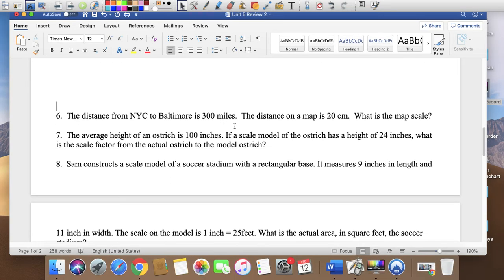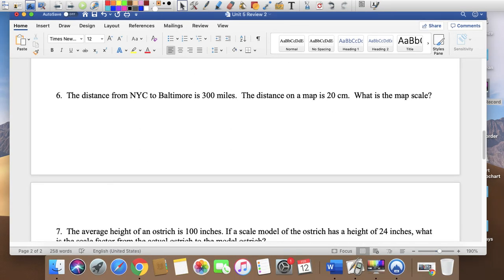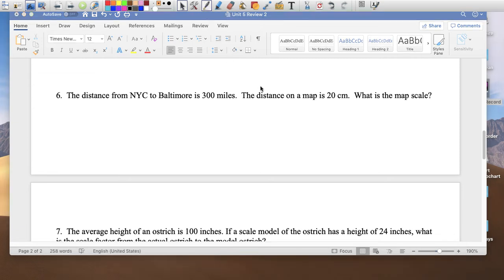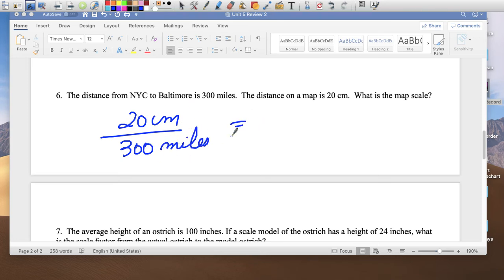The distance from New York City to Baltimore is 300 miles. That's about right. The distance on the map is 20 centimeters. What's the map scale? Well, we can write the map scale in this way. Right now, all I know is that 20 centimeters on my map is representing 300 miles. Now, this might be a multiple choice question tomorrow. So although this is the right answer, we want to simplify it.